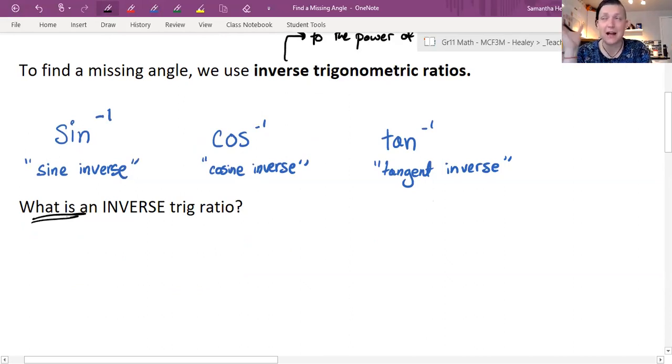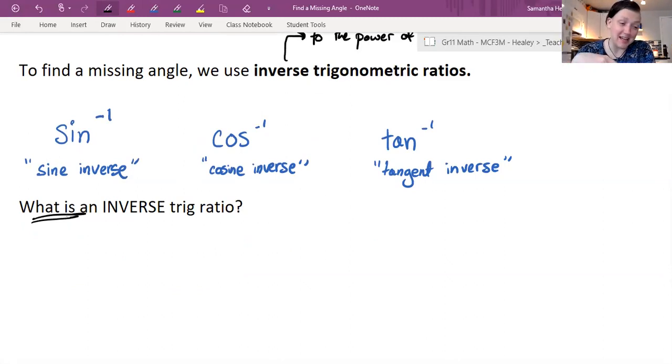To answer this, we have to go back to what trigonometry even means. Trigonometry is just showing you the ratio between different sides of triangles when those triangles are a specific shape that can be described by the angle.